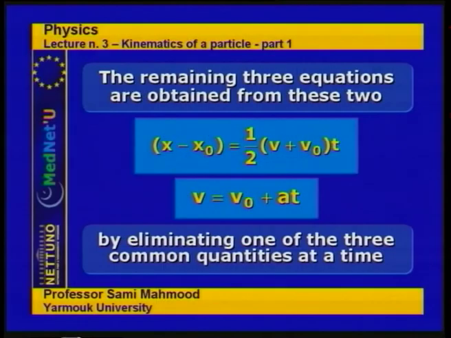And if we substitute for v naught from the second equation, similarly we get a fourth equation. And if we substitute from the second equation for t into the first equation, then we get the fifth equation, which does not include t in it. And this way we get the five equations of motion.